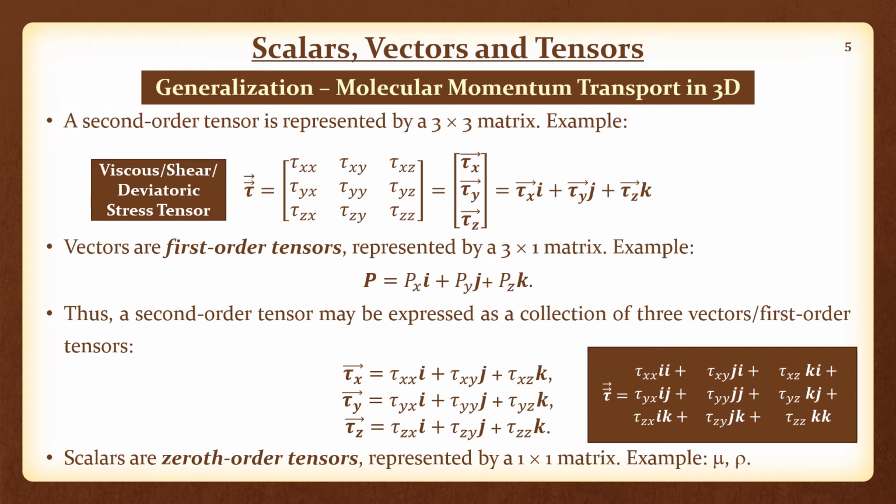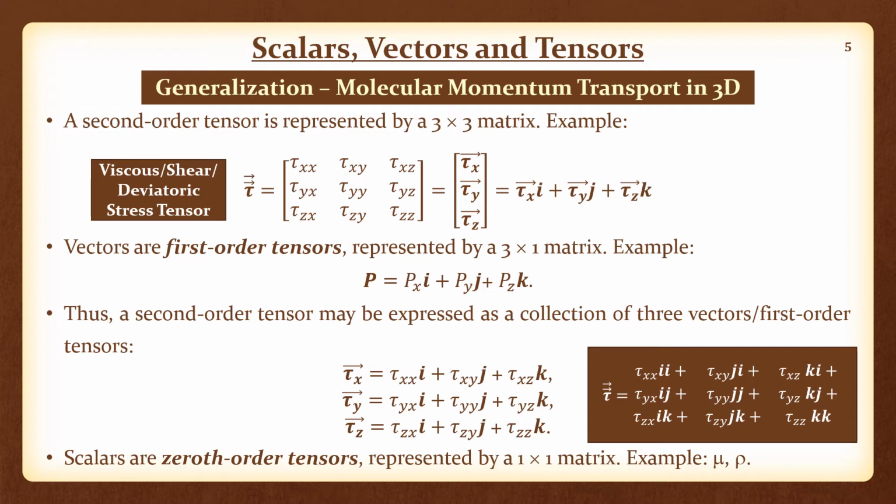If you represent a second order tensor by a 3 by 1 matrix, each of the entries would be a vector. Similarly, a first order tensor can be represented by a 3 by 1 matrix in which each element px, py and pz are scalars or zeroth order tensors, right?